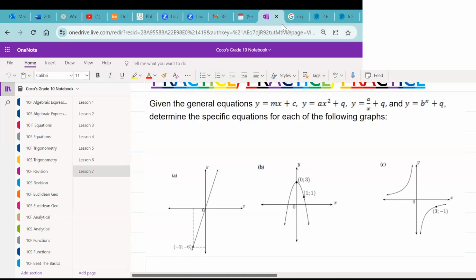Yes, that's it. Well done. The equation of the graph for A will be y is equal to 3x. Well done.